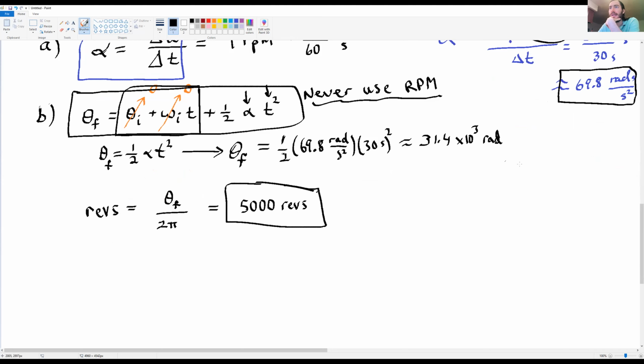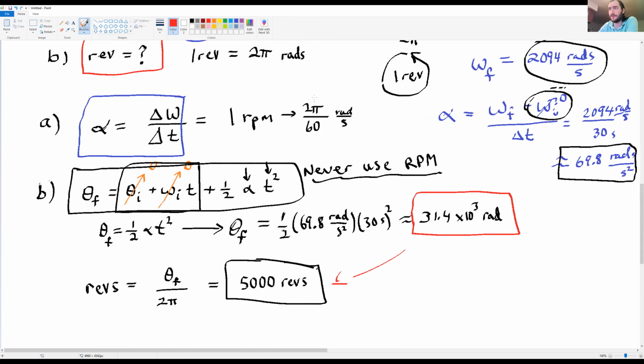Once we plug everything into this equation, we get an answer in terms of radians, not revolutions. So we have to convert this back into revolutions.